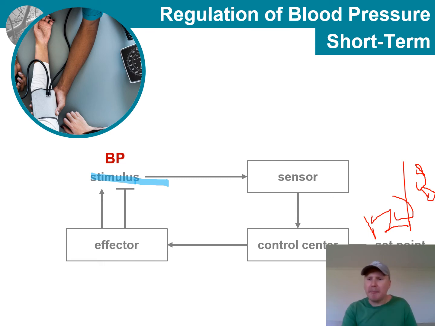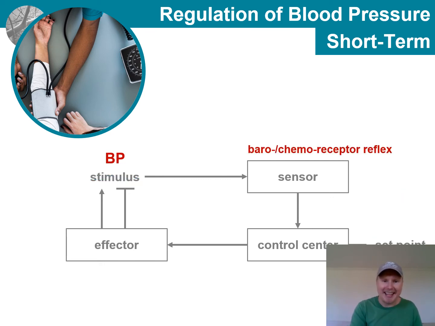Now we have something known as a baroreceptor reflex. It is one of the body's homeostatic mechanisms to maintain the blood pressure at constant levels, and it can act through the following three mechanisms as the receptor, or a sensor if you wish.